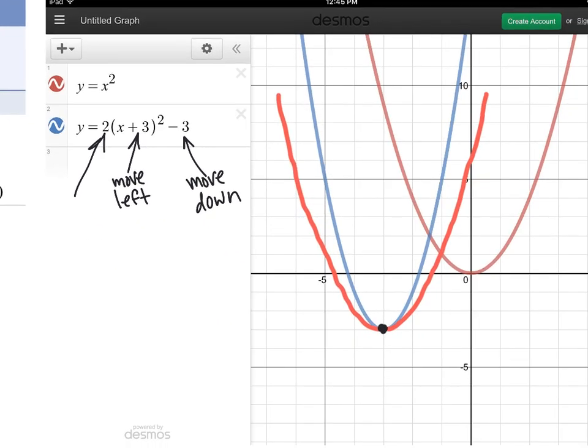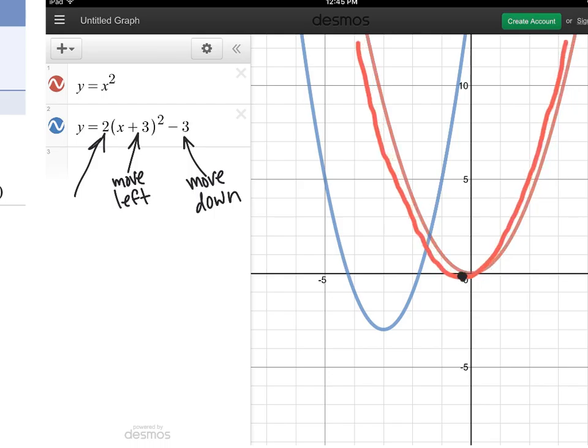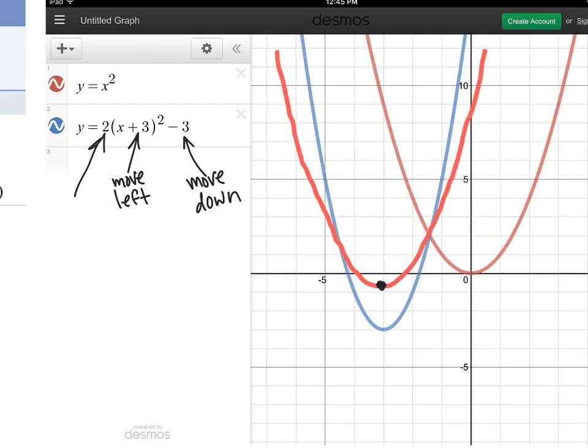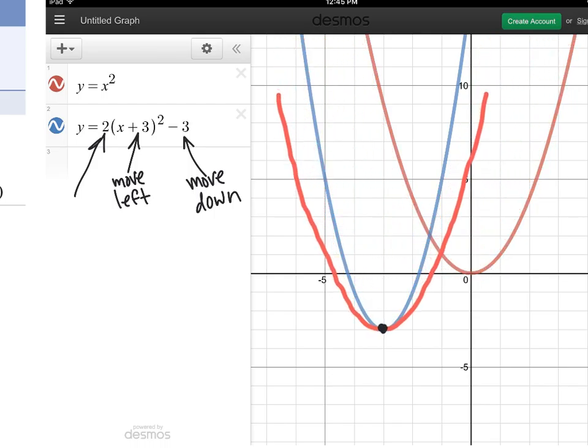So when we look, here's the original parabola that got shifted around. It used to be here, it got moved over to the left and moved down. The other thing is we notice that our new parabola, the transformed parabola, is skinny. So that 2 makes it skinny.